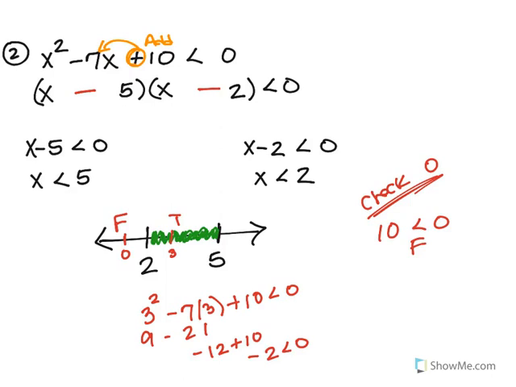It's true. Do y'all see that? Okay. So what's my symbols going on 2 and 5? Parentheses. Good. So this time your interval is going to be just 2, 5 in what? Parentheses. Do y'all see that?